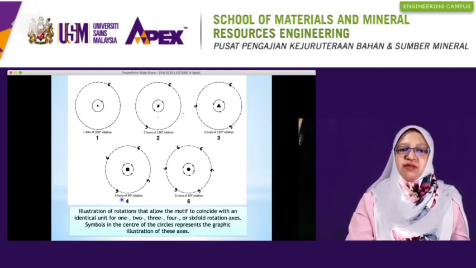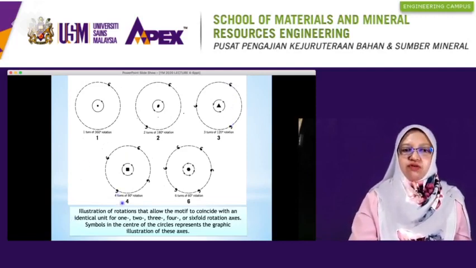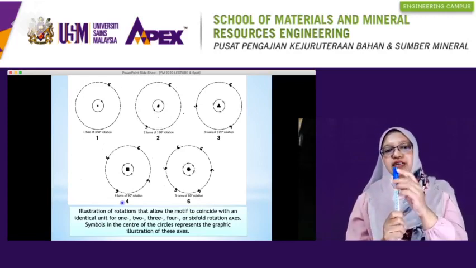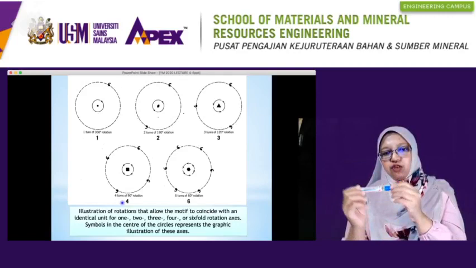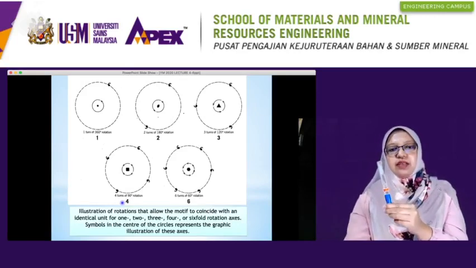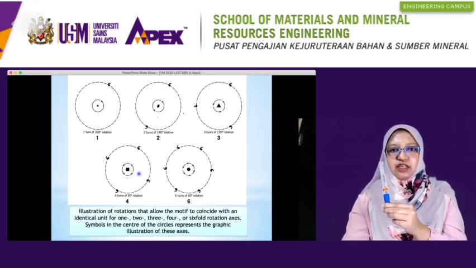And then when we have n equals 4, that means the angle of rotation is 90 degrees. So you have your motif here, your big circle, symbol, and small circle, and then the direction of rotation, anti-clockwise.